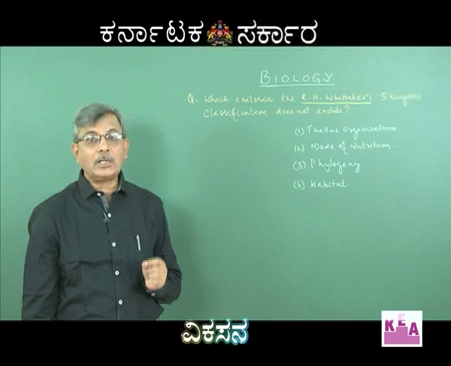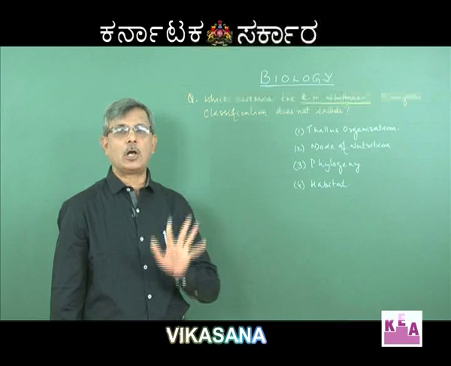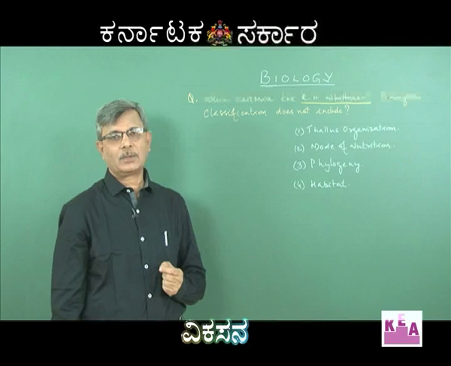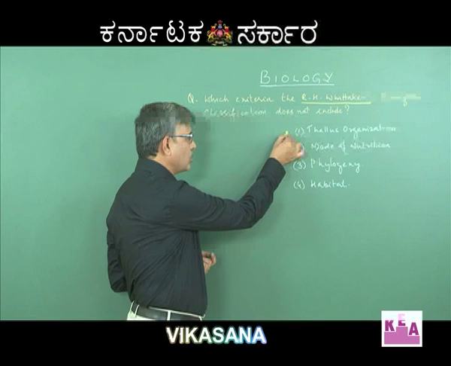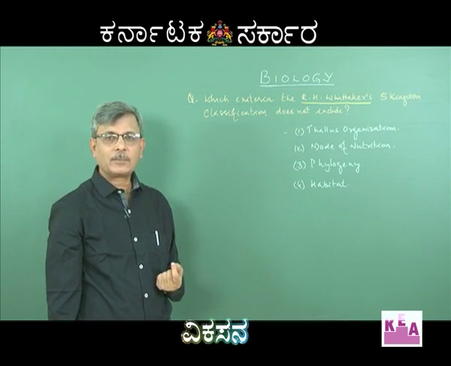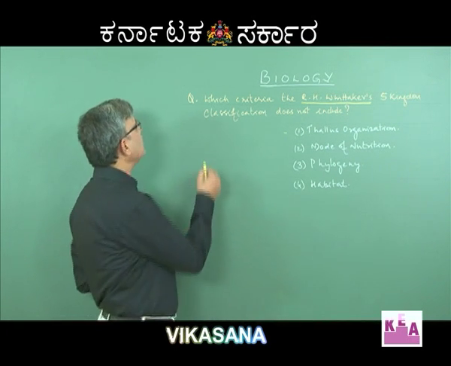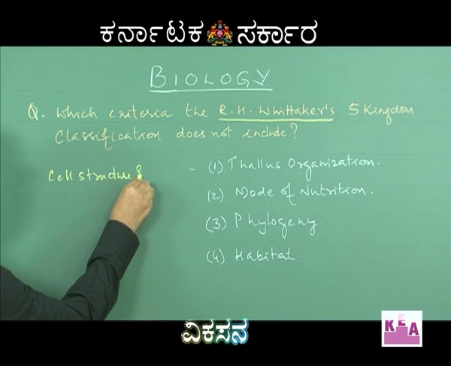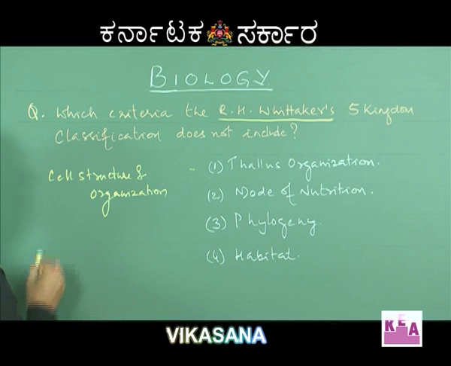R.H. Whittaker has used 5 different criteria or bases to classify the organisms into 5 kingdoms, and here let us look into it. Thallus organization, yes, he used as a criteria. Mode of nutrition, yes. Phylogeny, that is evolution. In addition to this, he also used cell structure and organization and reproduction.